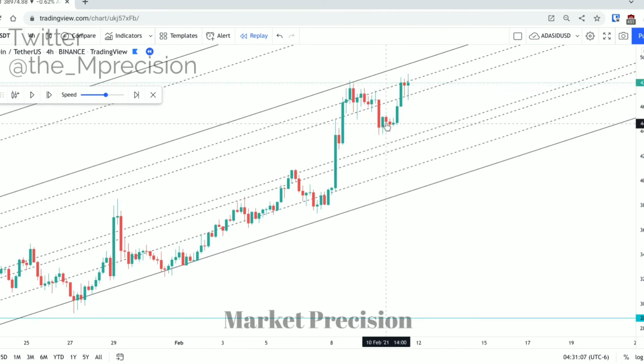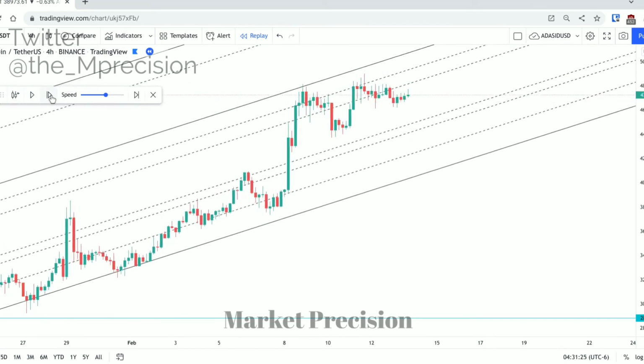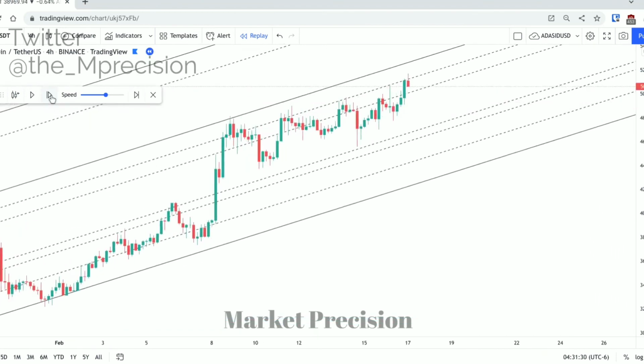But the problem with short is I need to draw the descent channel. Never mind, forget the short. I'll have to create the descent channels, and the same logic applies. I don't want to complicate this video. Let's say I'm still opening the long and I'm going to capture the long on this black line itself. So I'm still on my long position. I didn't open a short. I'm just going to wait for it to come back and hit this black line.